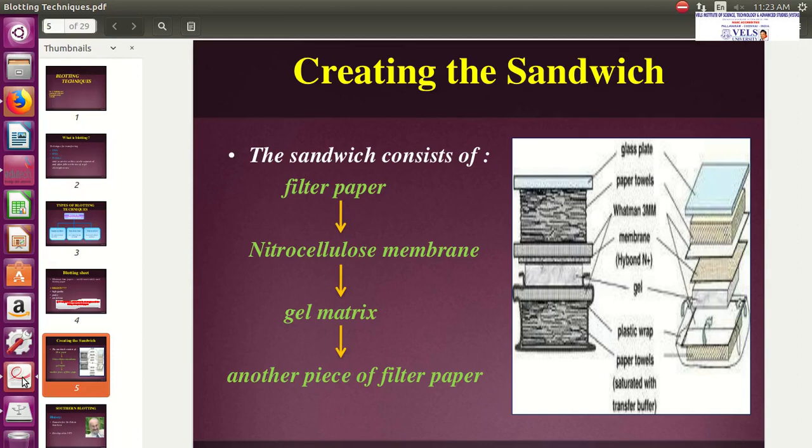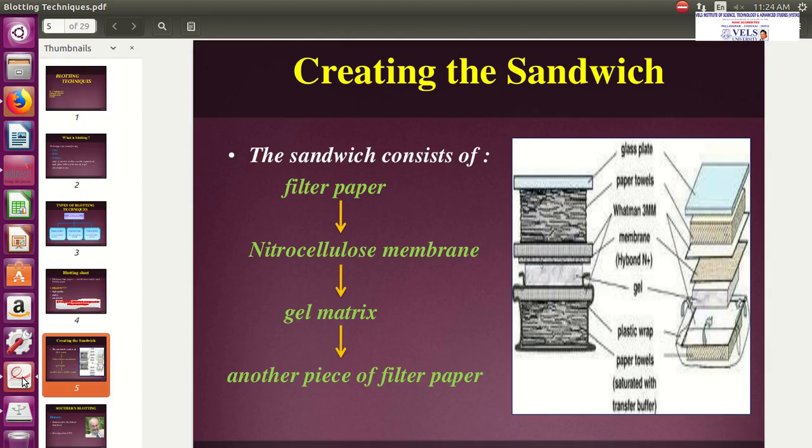So we will go from the bottom. At the bottom we have the glass plate. Above the glass plate we keep the paper towels, then plastic wrap to fix the papers on the glass plate. Then the gel, that is the SDS-PAGE gel from gel electrophoresis.